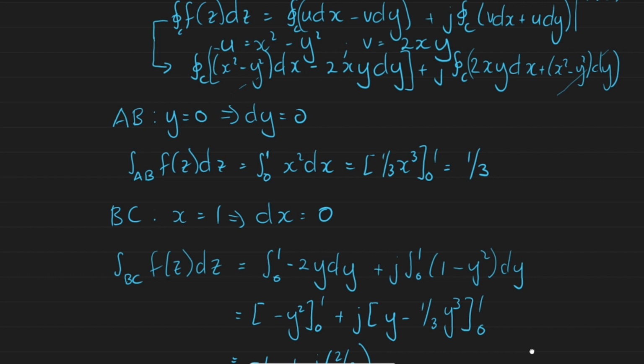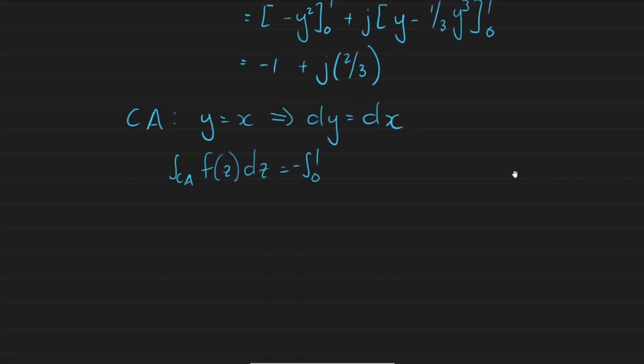Then we substitute for x and y and dy here. And when we do that, what we get is the integral of 2x squared dx plus j, again reversing the order of integration, 0 to 1 minus 2x squared dx. Sorry, there's a minus here as well. So the minus and the minus is just going to give us a plus.